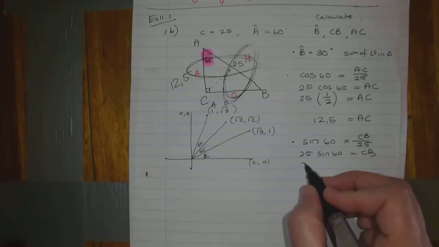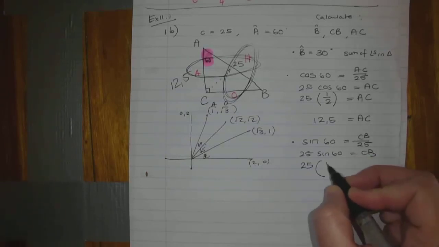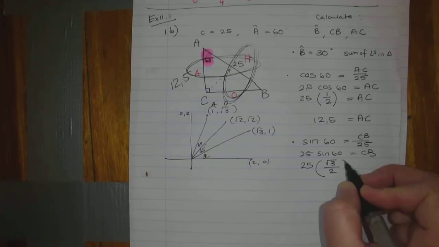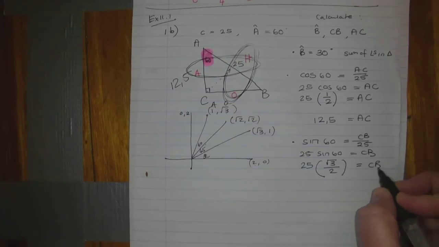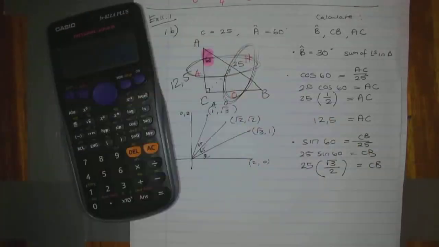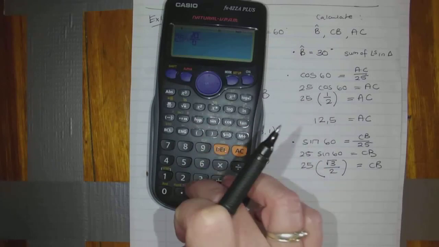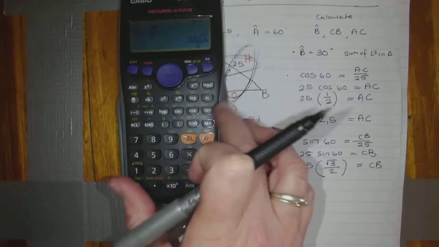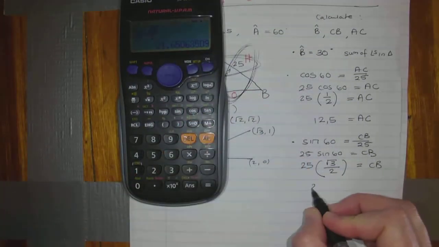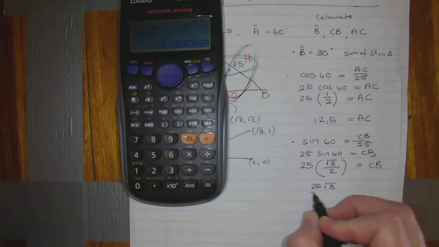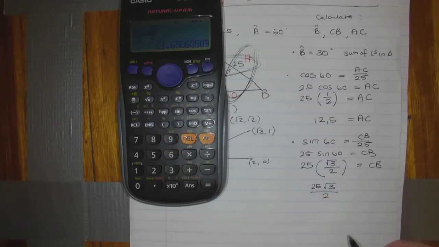Sine is O over H, so 25 times square root 3 over 2 equals CB. Now I can take my calculator and work out the square root of 3 over 2 times that, or you can just say it's 25 square root 3 over 2 because top times top, bottom times bottom. That's my answer. And you can go a step further and say, hold on, that's then 21,65.